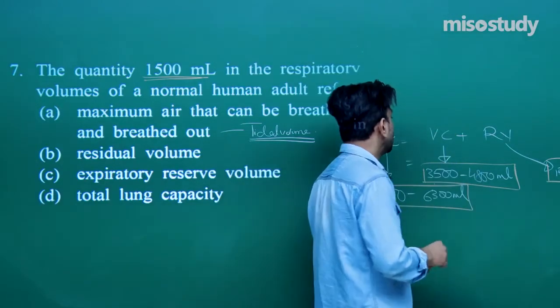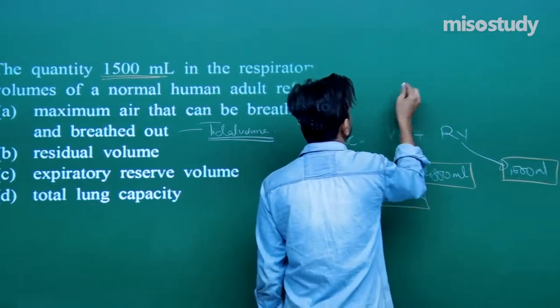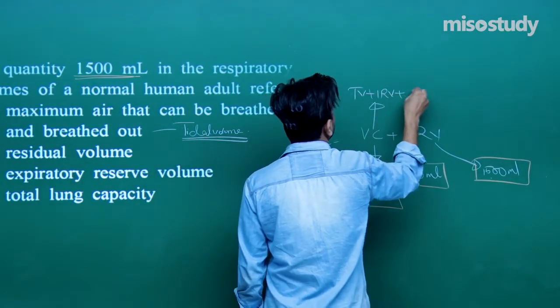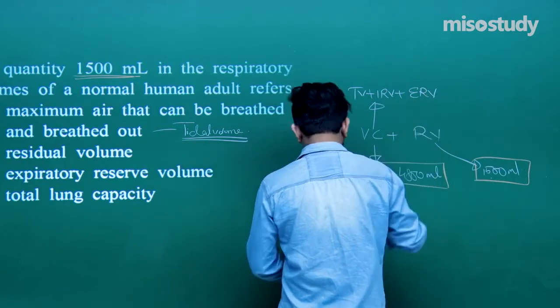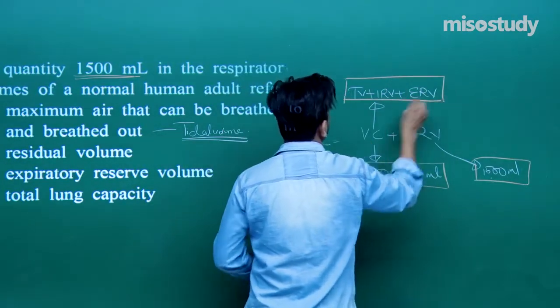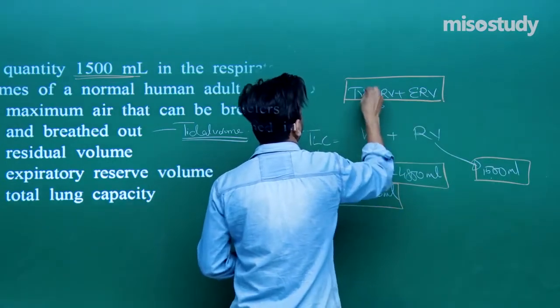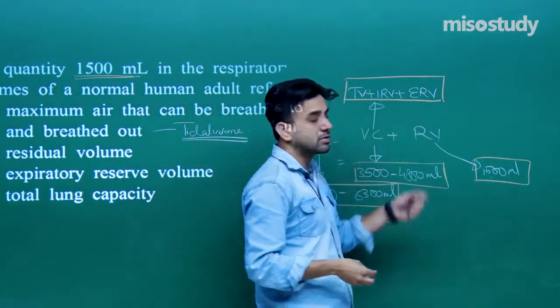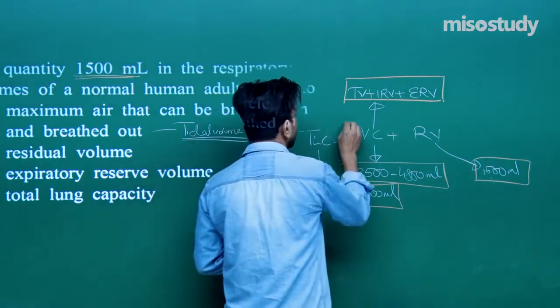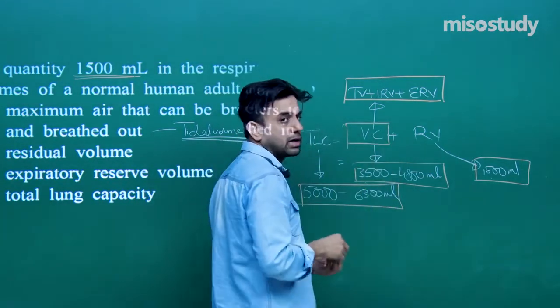And the vital capacity is tidal volume plus inspiratory reserve volume plus the expiratory reserve volume, and that is what we mean by the vital capacity.